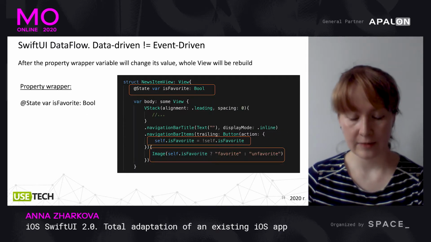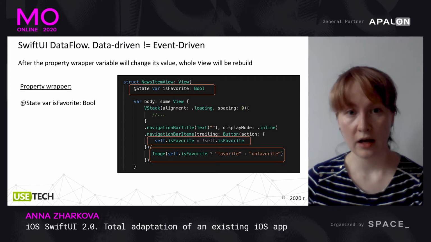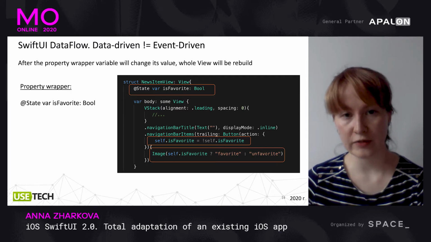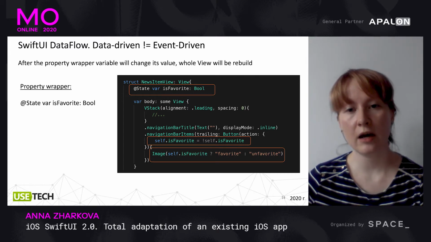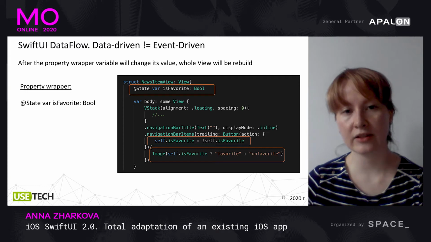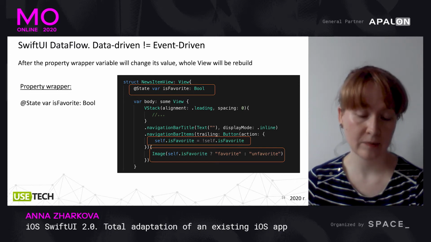The mechanism is you have some property wrapper. For example, you have a variable, and the source of your image depends on the value of this variable. Say you have a view with a navigation bar, and the navigation bar has a button with an image.